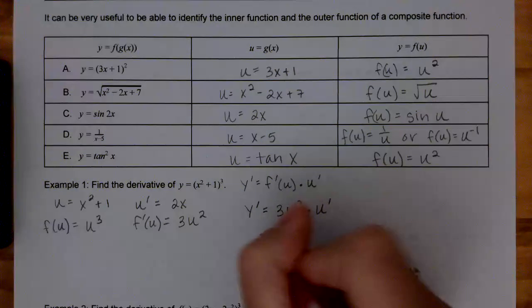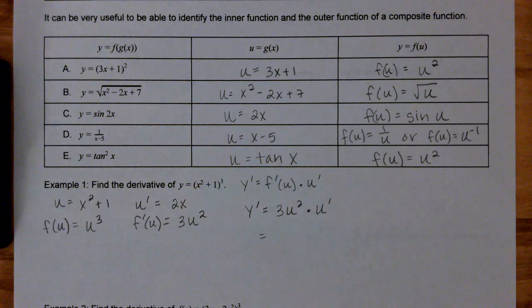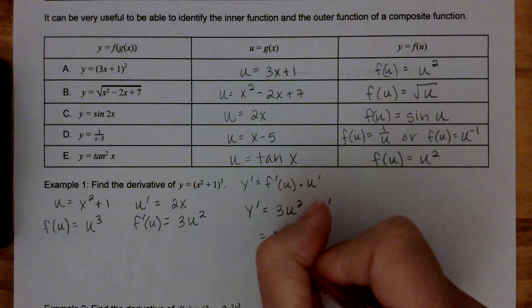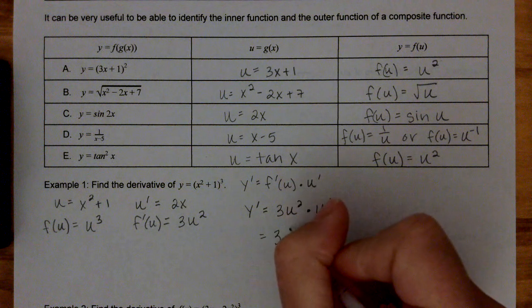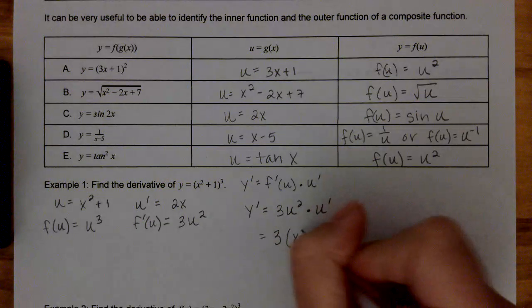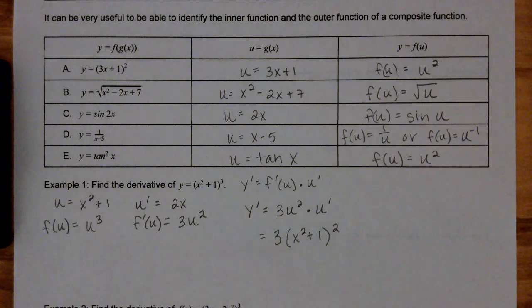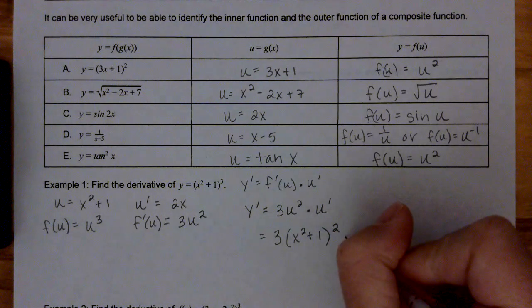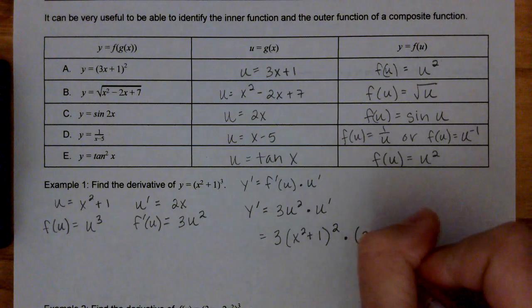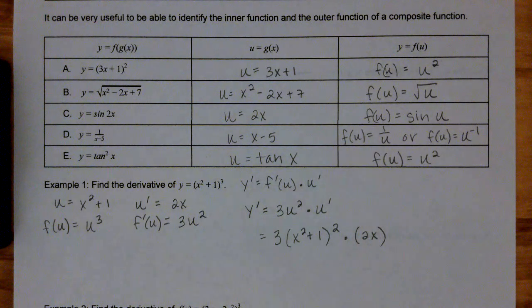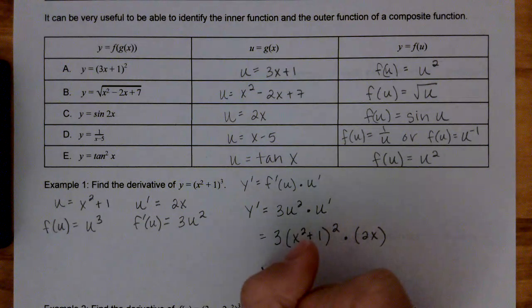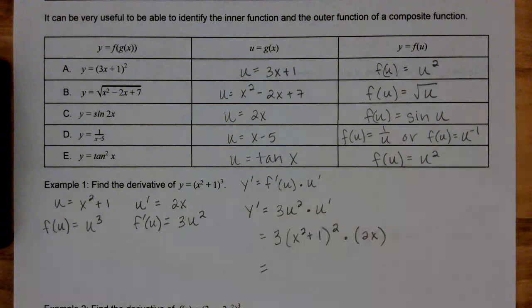When I write this out, my 3u squared, where u was x squared plus 1, we're going to square that, times u prime, which was 2x. For the chain rule, most of the time we are just going to leave this in factored form.